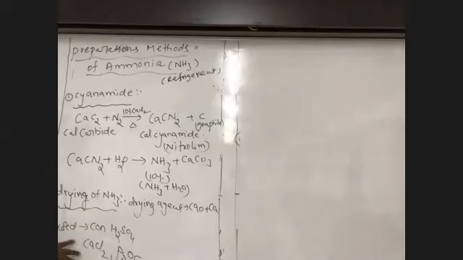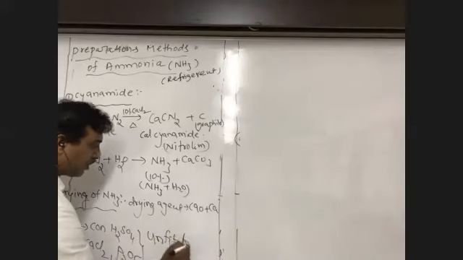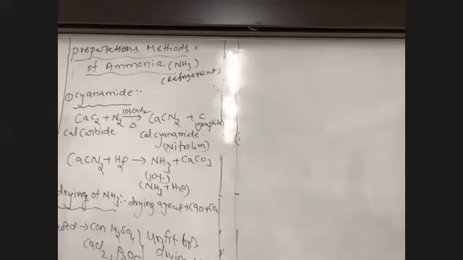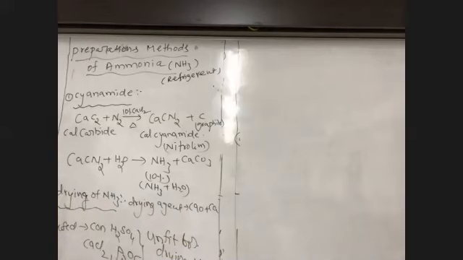But these drying agents are unfit for drying of ammonia. Ammonia is generally dried by using calcium oxide and calcium.